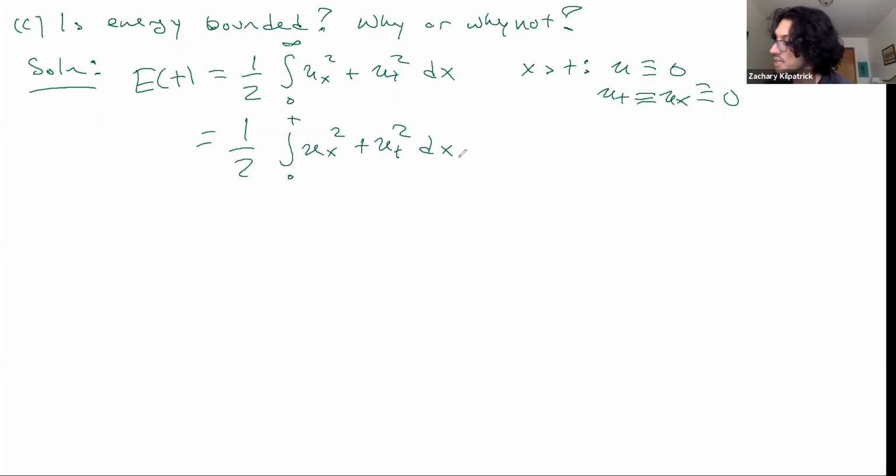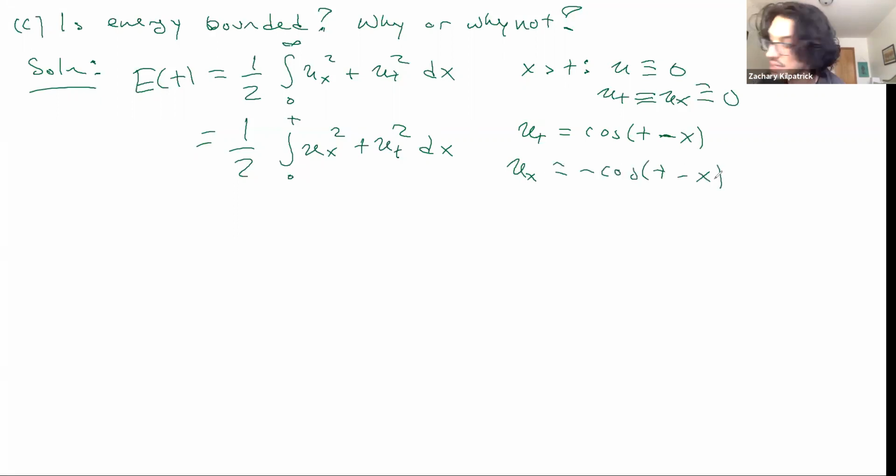And then I actually need to compute these things, right? So u sub t, remember I already got this, is cosine of t minus x, and u sub x is going to be minus cosine of t minus x. Okay, so then the trick is just applying those trig identities, right?